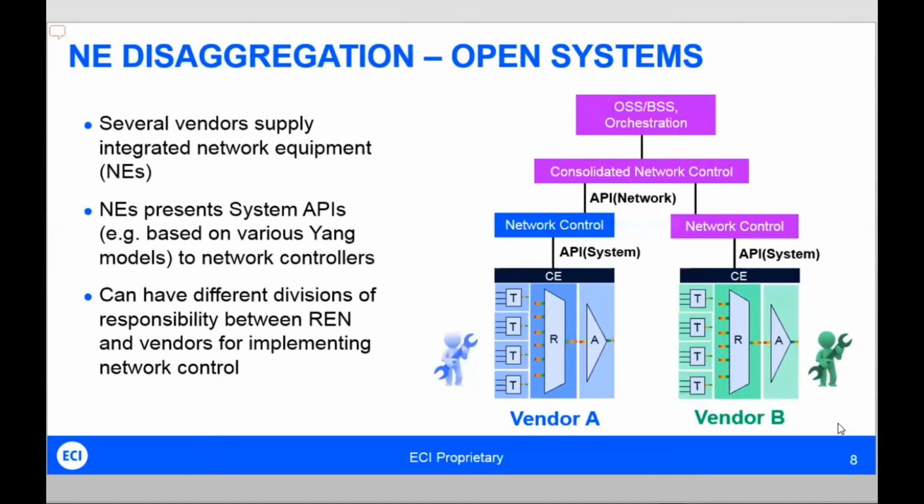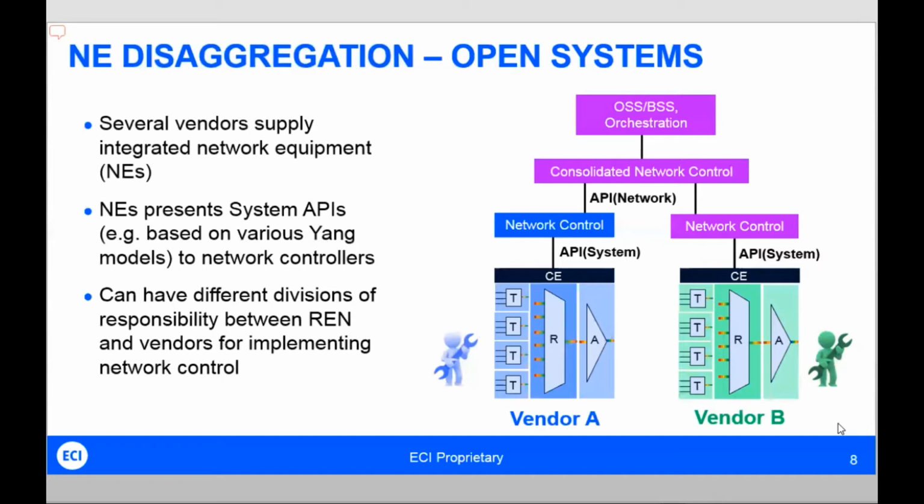So you would have, for instance, one level of network control for vendor A, another level of network control for vendor B. These can be provided by the vendors or perhaps by the NREN themselves, as long as the application programming interfaces are published and understood at the system level. So here, what I've pointed out, it's extremely incumbent on the suppliers or the vendors to create models of how their network works, and people are going more and more towards YANG modeling for that, and then providing interfaces such as a NETCONF interface to a network control system so that these can be controlled easily by third parties.